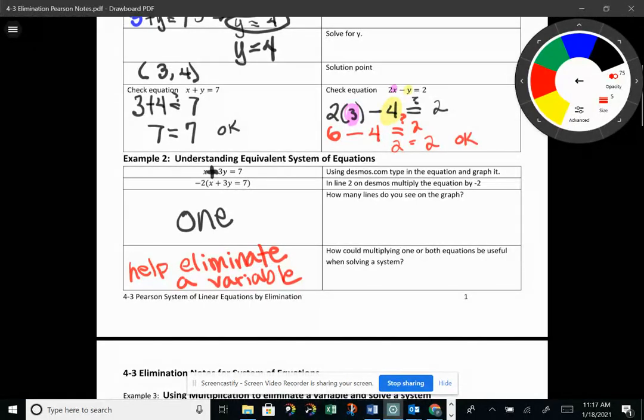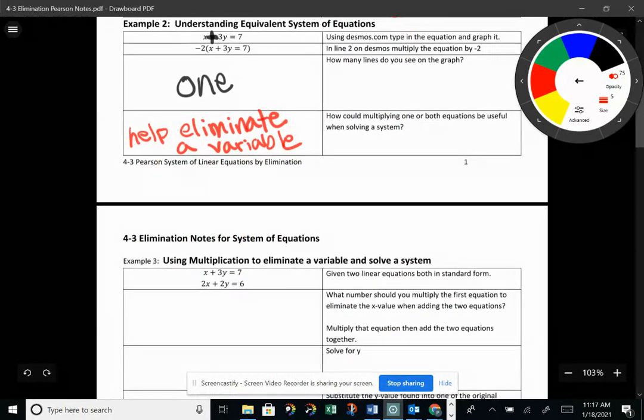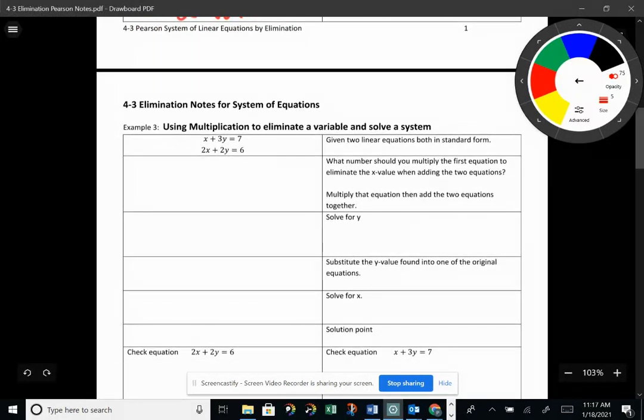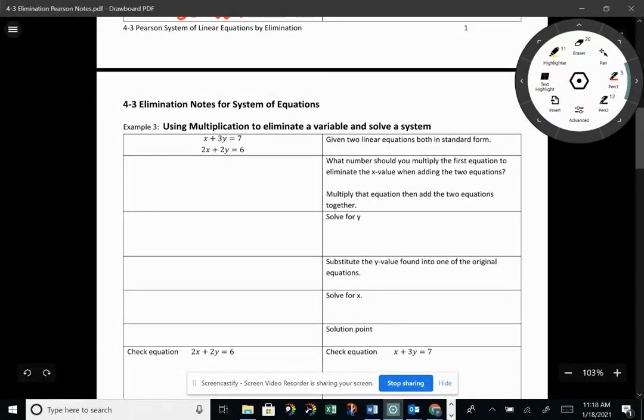So now we're going to try this when you have to eliminate. So we've got example number 3. And watch the little notes that I give you on the right-hand side, because I wrote those. So you're given this. What number should you multiply the equation by to eliminate that x value?